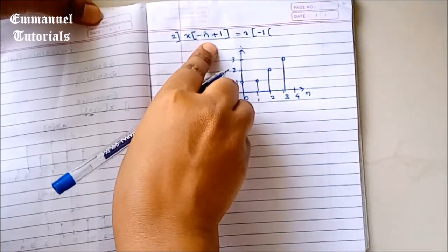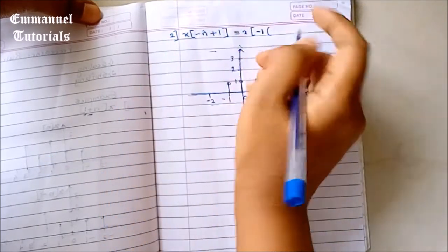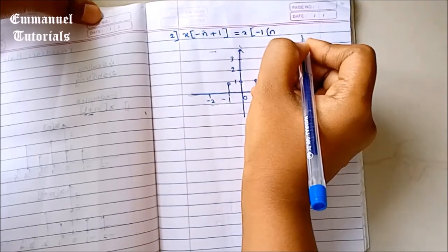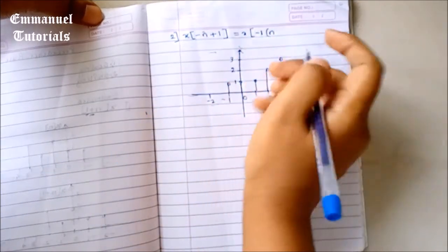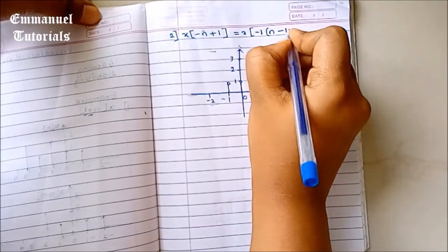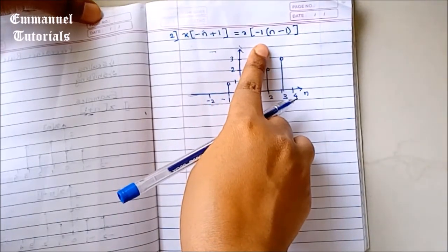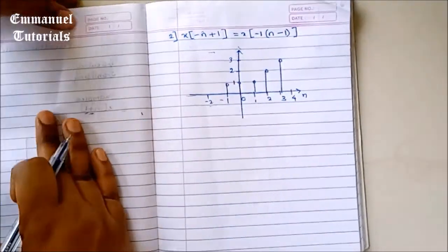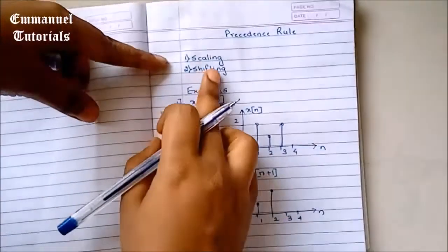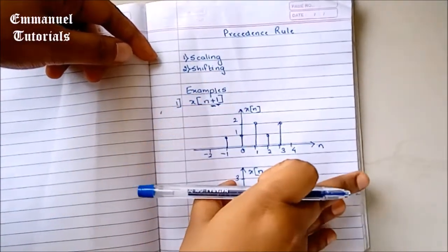So -1 into -n is n, so only n will be inside, and -1 into +1 is -1, so it will be n minus 1. So this will be the equation which we will try to solve. So using the steps like what I mentioned in the previous part, the first step will be scaling and the second step will be shifting.